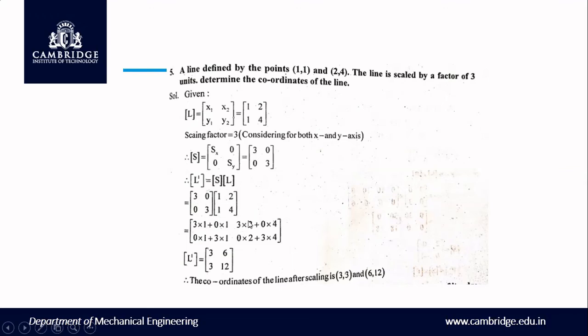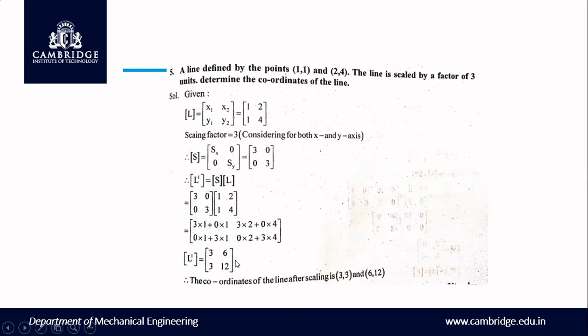Then 3 into 2 plus 0 into 4, rows versus columns, and then once again 0 into 1 plus 3 into 1, and 0 into 2 plus 3 into 4. Therefore you will get the final L dash equal to 3 6 and 3 12.